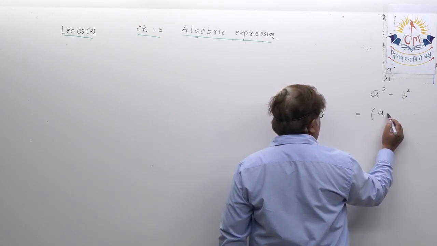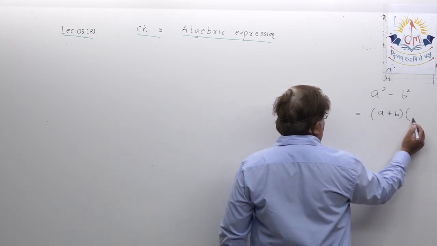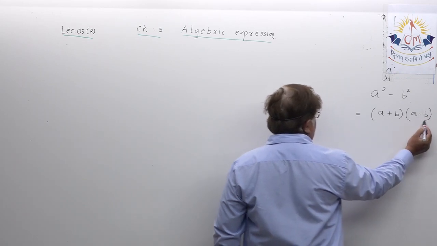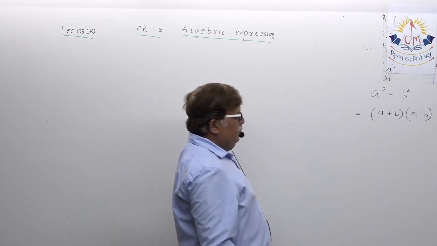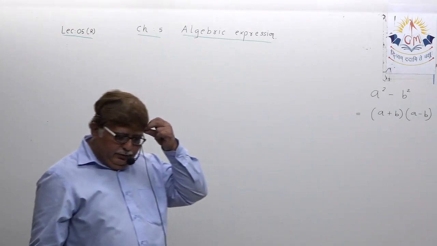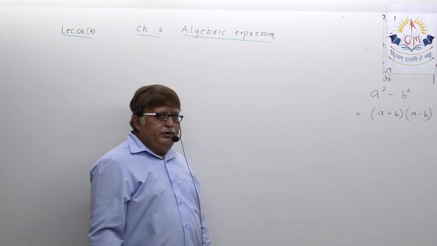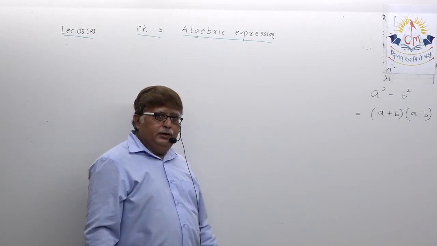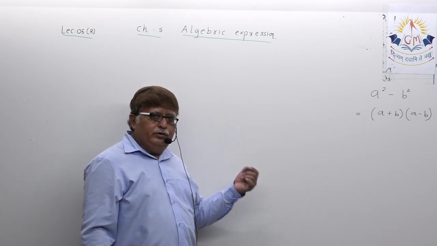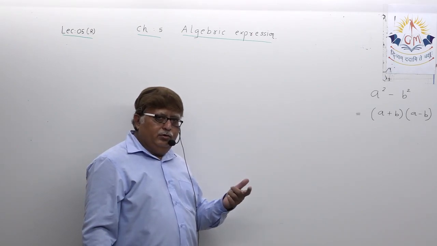As you know, for solving some of the difficult examples, a square minus b square is equal to a plus b into a minus b, and for application of this identity, I have given you the clue point.